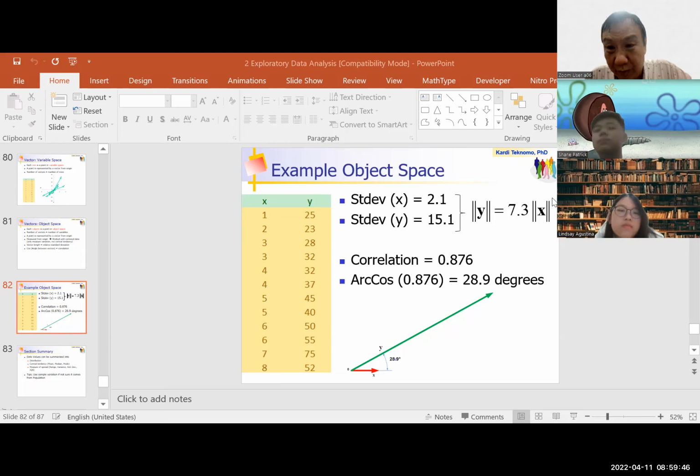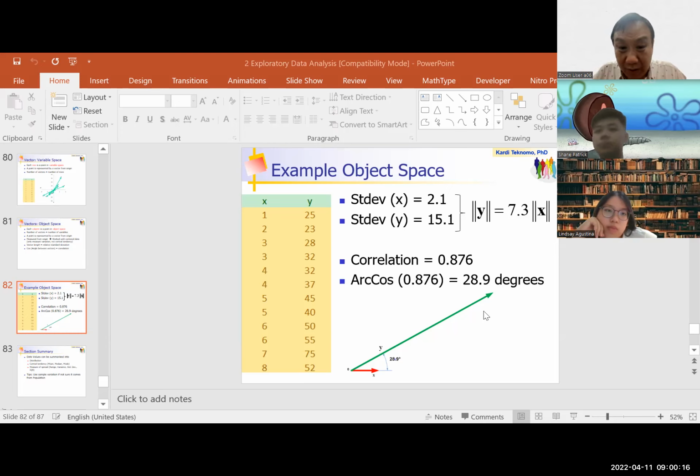So I can put any length of x. For example, if the length of x is 1, then the length of y is 7.3. If the length of x is 2.1, then the length of y is 15.1.